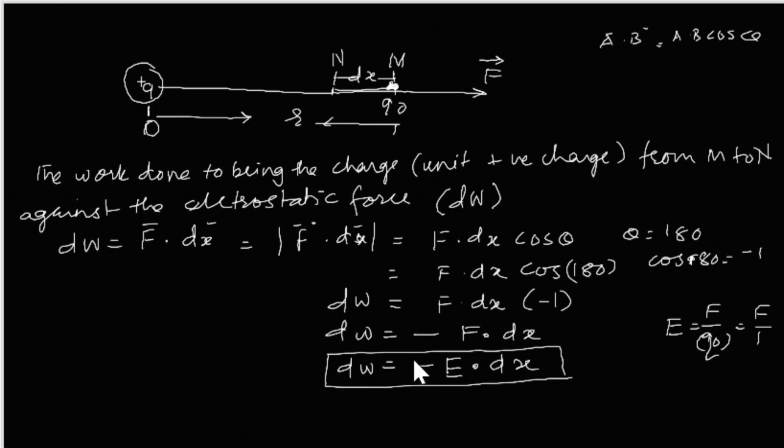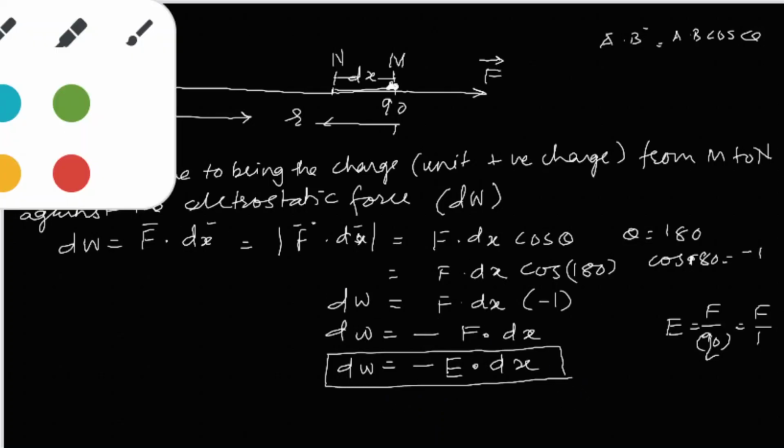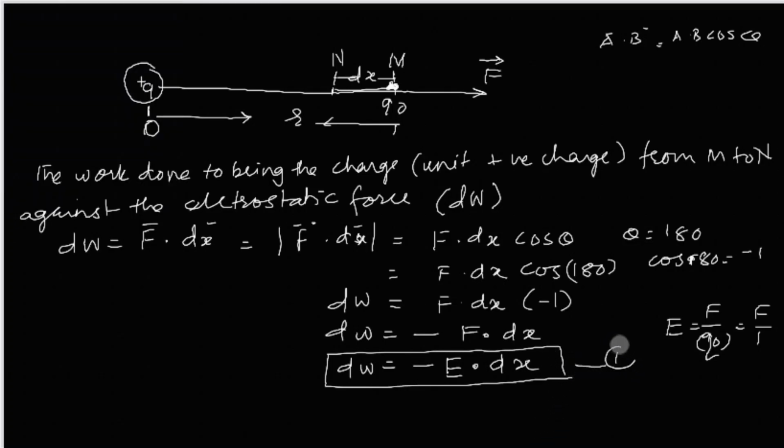What is the minus sign? The minus sign indicates the displacement is against the electrostatic force. It shows the opposite nature of displacement and electrostatic force. Let us consider this as equation 1.